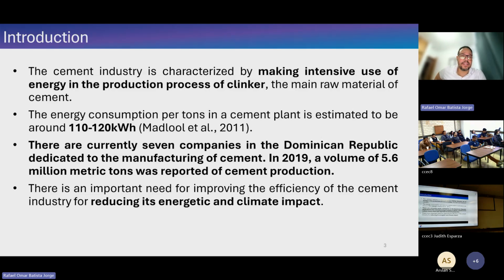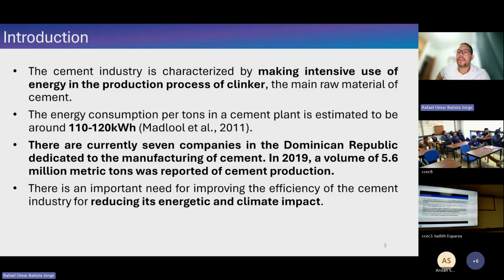So it's quite energy intensive, right? It's important to note that this part considers only electrical energy, because the main process also has some thermal energy from fuel in the process, right?